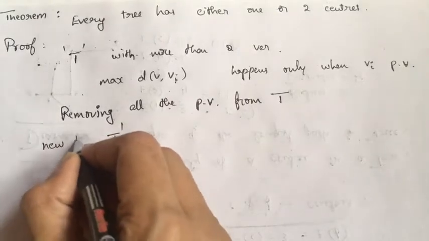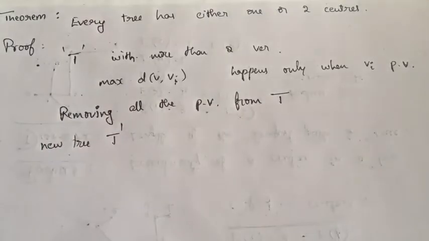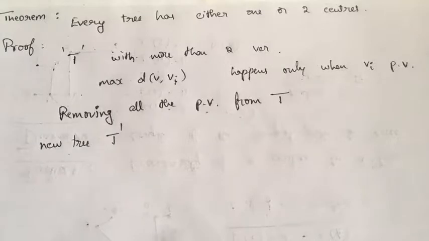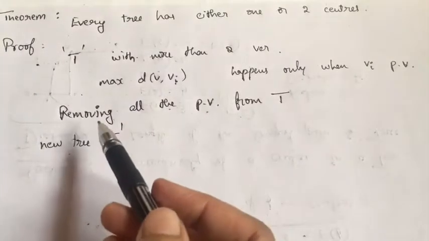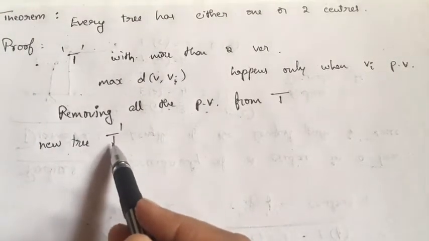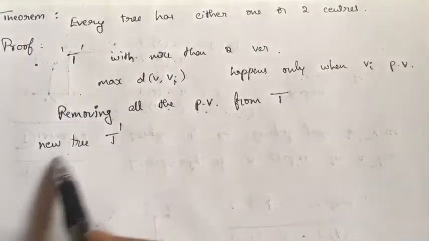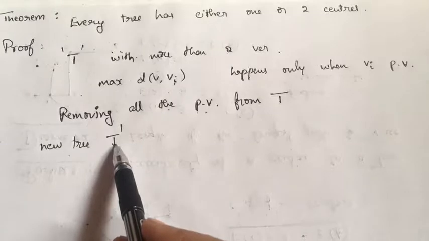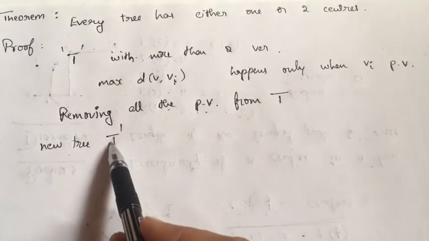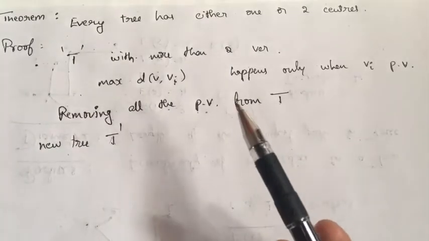A new tree is formed, that is T dash. Now, T dash is of course a tree, because from a tree I am removing the pendant vertices. And even this has got a few pendant vertices.